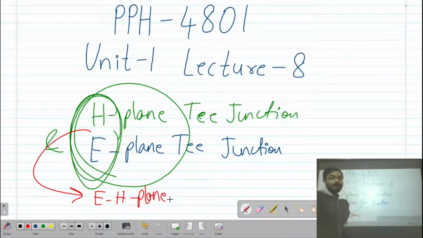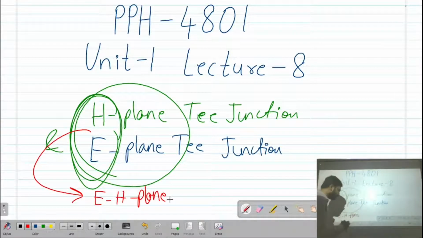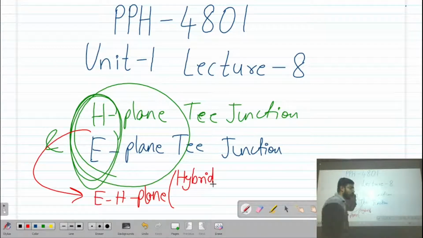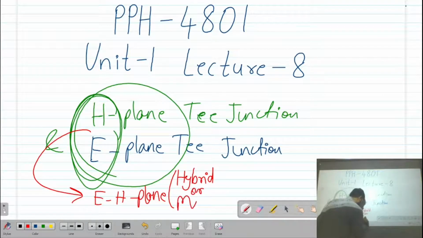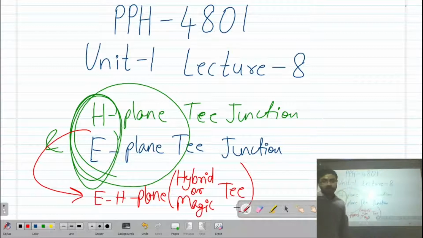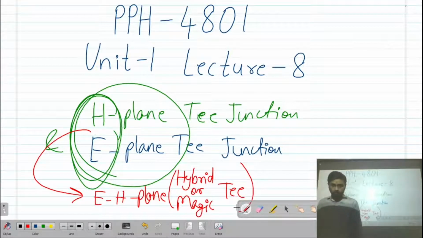We will study the EH plane today, which is also known as hybrid or magic T junction.